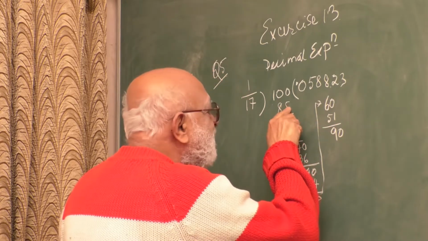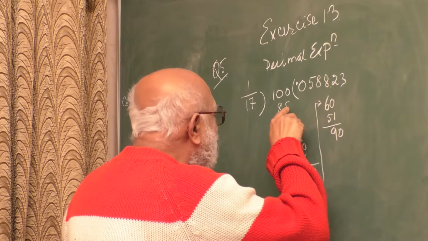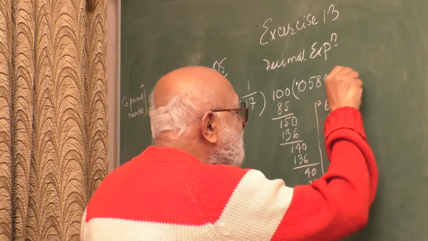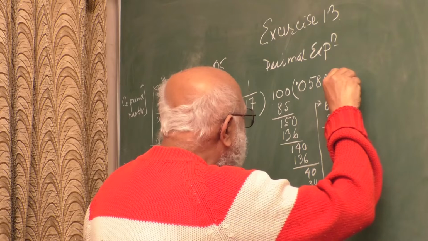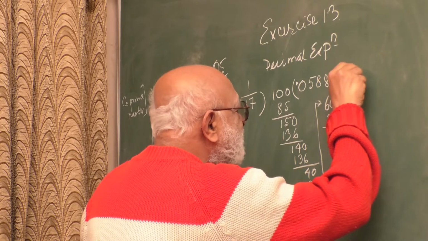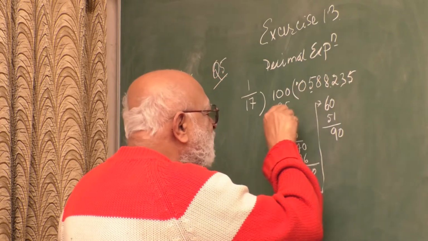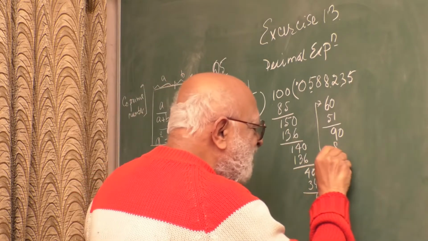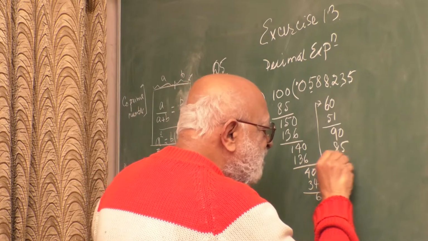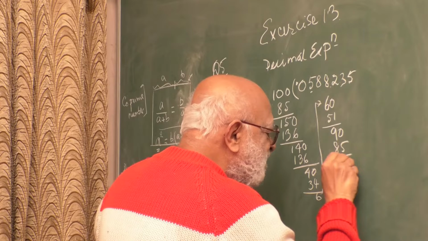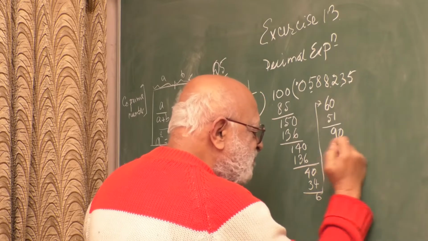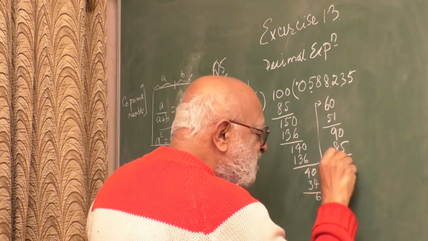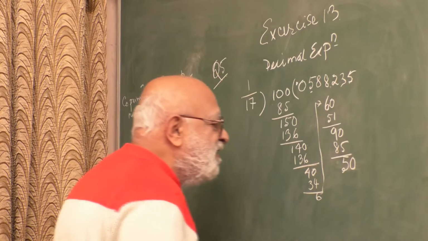90 again, 85, it should be 5. Yes, 85, because we have used 5 before, so it will be 85. So then it becomes again your 50. Sorry, I should be writing it bigger. So this is becoming 50.